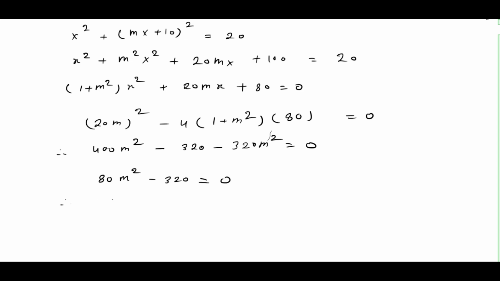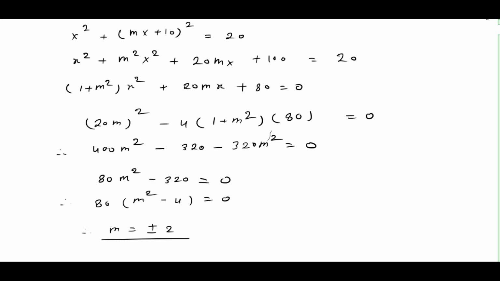So, therefore, taking 80 common, m² − 4 should be equal to 0. This gives me m = ±2. So, the value of m here is either +2 or −2.